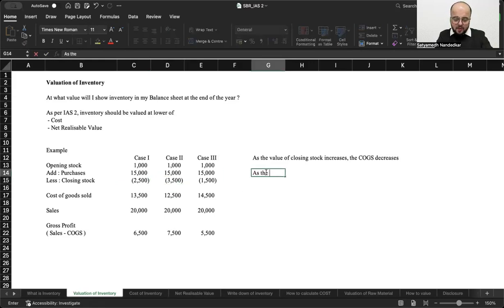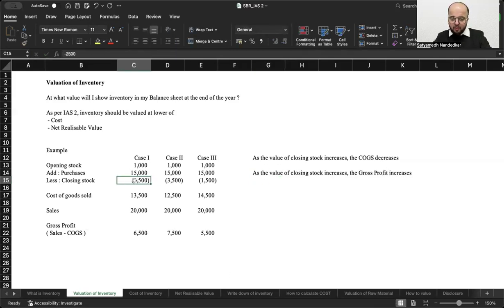And can I also say as the value of closing stock increases, the gross profit increases. See, closing stock increased from 2,500 to 3,500. Gross profit changed from 6,500 to 7,500. Now, closing stock has a direct impact on your profit calculation.